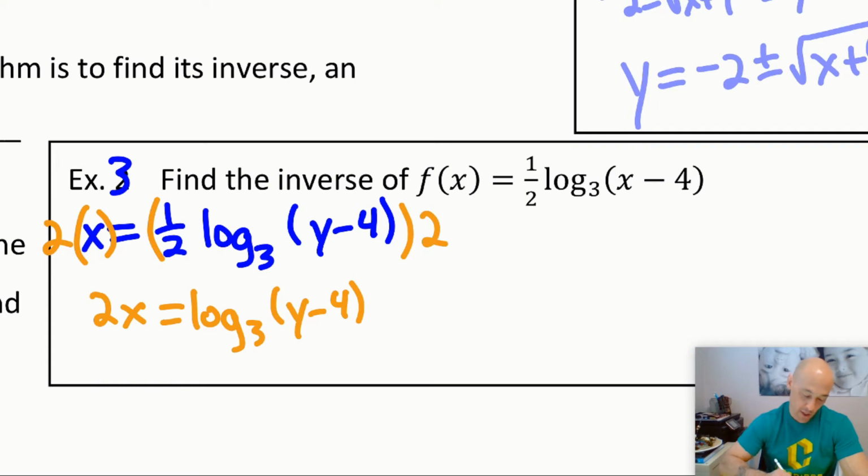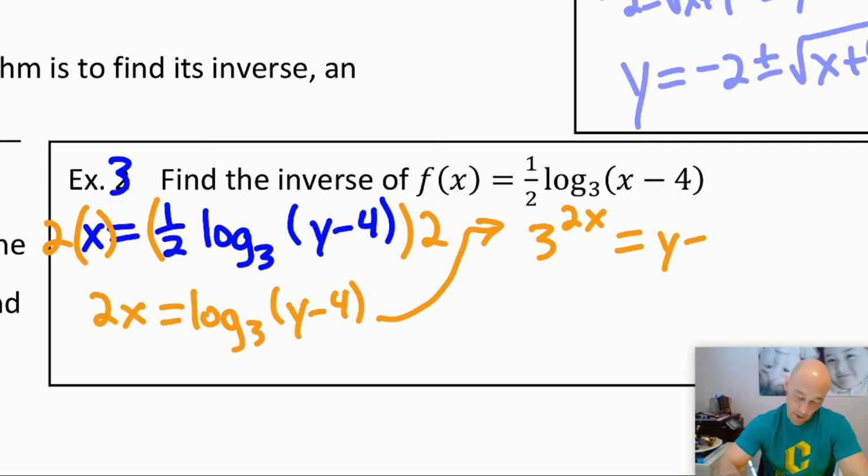So now that I just have a log on this side, I can convert this to an exponential form. So I'm going to do that right here. So base 3 to the 2x is equal to y minus 4.